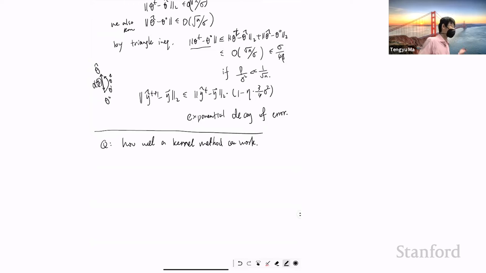Are we really characterizing the power of deep learning? If deep learning is only doing as well as kernels, is it good or bad? The answer, at least most people believe, is that neural networks can do much better things than kernels, and this characterization of the neural network as kernels is not characterizing the true power of neural networks.